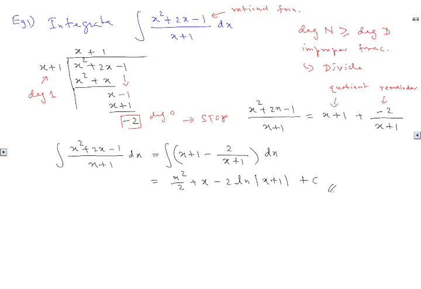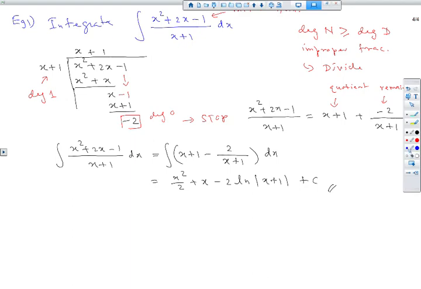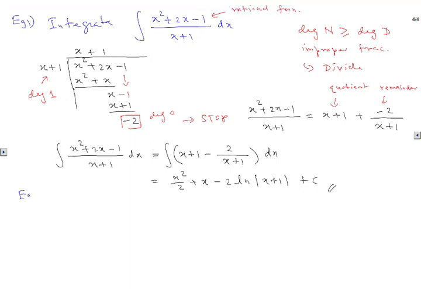So let's do another problem, a little kind of similar type. How about this one? Integrate x plus 3 over x plus 1 dx. I'm going to show you a trick here.